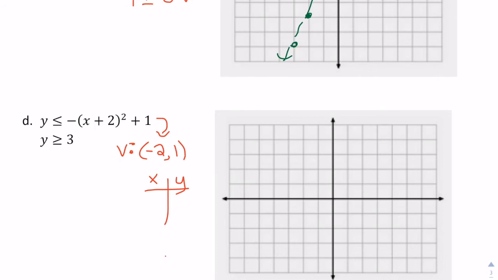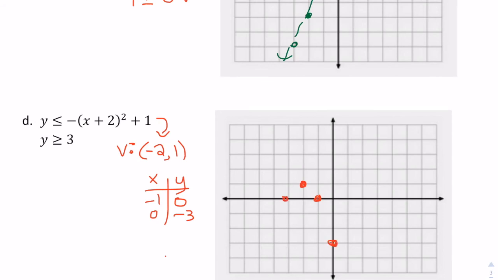If I do -1 and 0, plug in -1, you're going to have 1 squared, change the signs, -1, add it to +1, 0. Plug in 0, that'd be 2 squared, it's 4. -4 plus 1 would be -3. So if I plot that, here's my vertex, -1, 0, 0, -3.